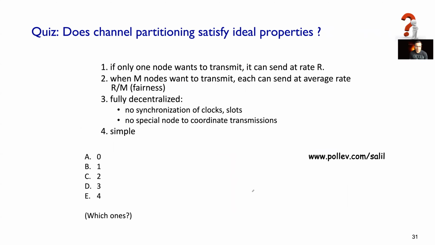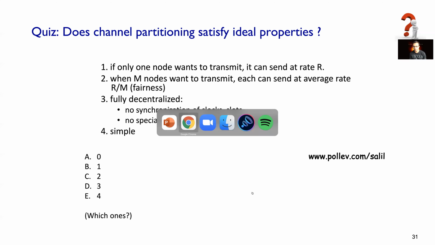So the question again, going back to the 4 properties we saw, based on this brief discussion of channel partitioning: can you think of how many of these 4 properties do channel partitioning protocols satisfy? And if so, which ones? Now, of course, you won't be able to answer which ones on the poll, but just answer how many, and then we can have a discussion on which of these are actually satisfied.